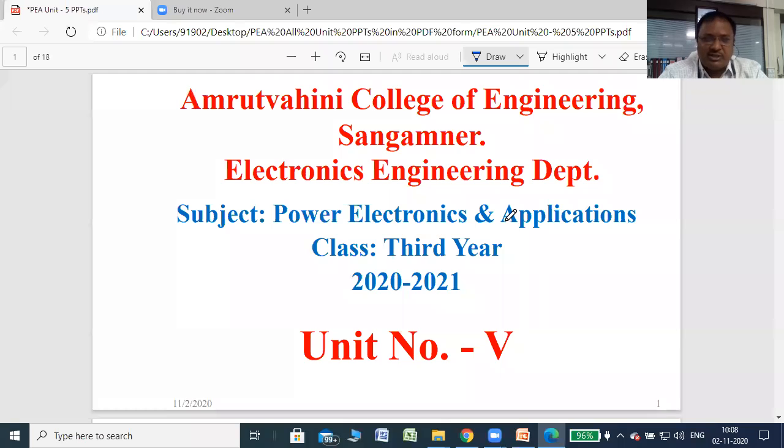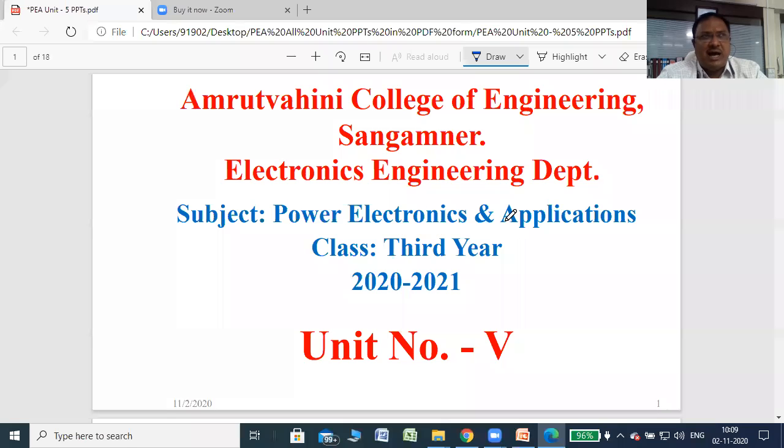The questions are very simple, but a few questions in unit number 3 are basically mathematical questions. So you have to solve the mathematical questions. Definitely it is 1 mark, but by using a simple equation, you have to find out the output voltage or output current.